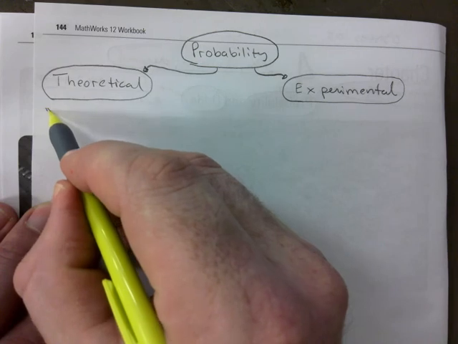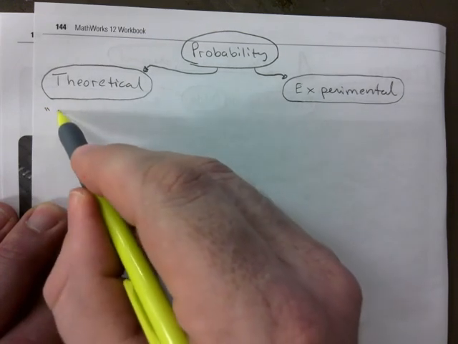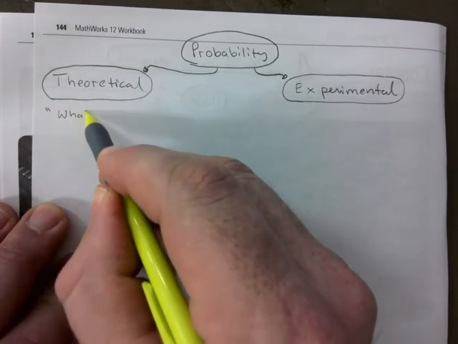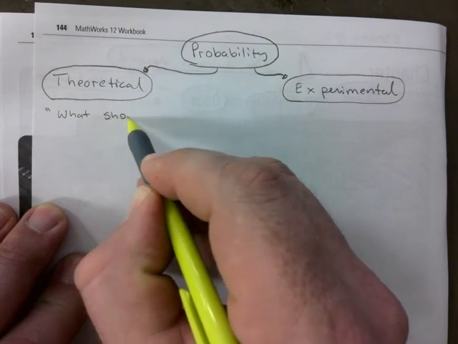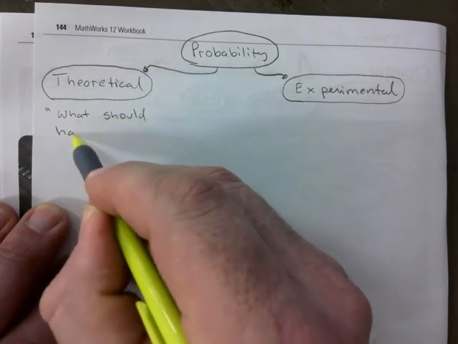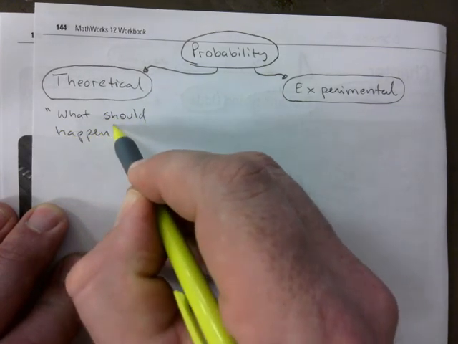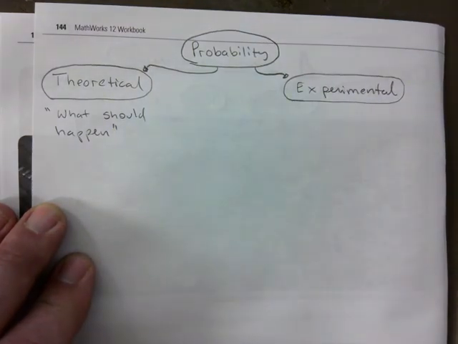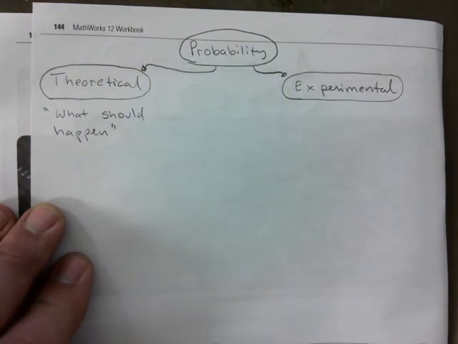And this is in very, very simple terms. Theoretical tells you what should happen. For example, if you're rolling a die, what's the probability of rolling a 1? 1 in 6, right? In theory, that's what should happen.